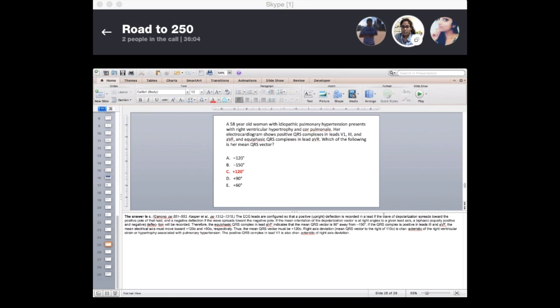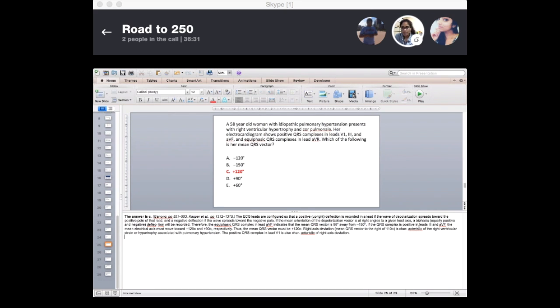So there is a positive deflection in the lead and a negative deflection. Okay, so biphasic just means the isoelectric. So the equiphasic QRS complex in lead aVF indicates the mean QRS vector is 90 away from 150.